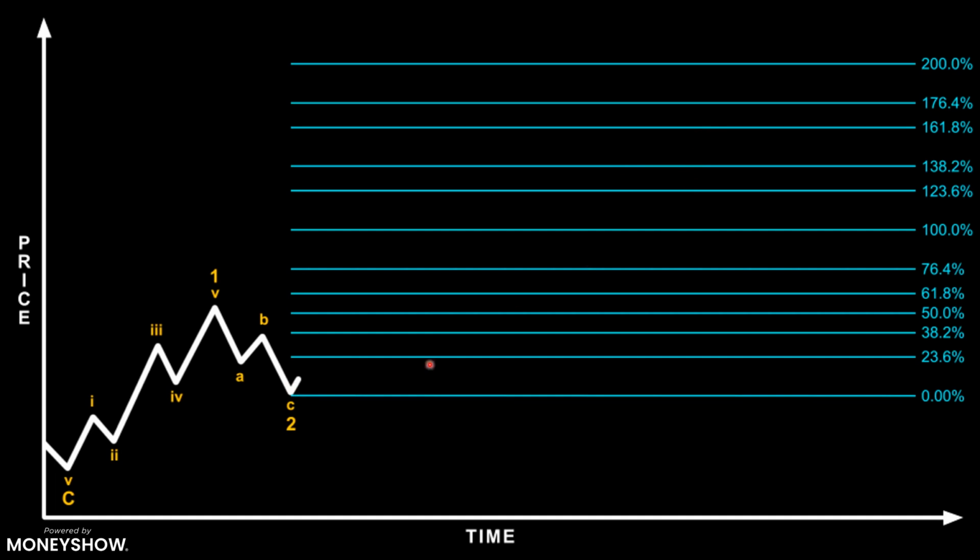But what Avi noticed with surprising frequency is that the subwaves inside that 3rd were very often going to come to the 38.2 or the 0.50, get a normal retrace, and then the 3rd of that 3rd was going to head to the 100% and then get a 4th wave, and then the 5th wave was going to head up to that 138.2. That's what he dubbed Fibonacci pinball.